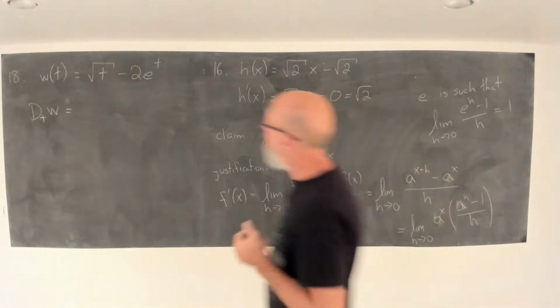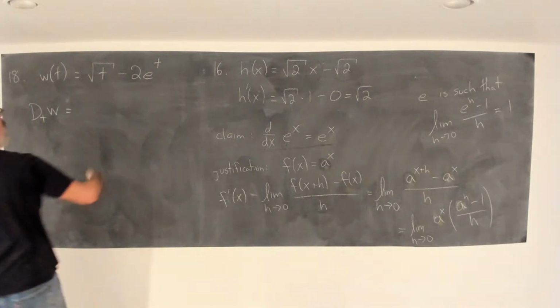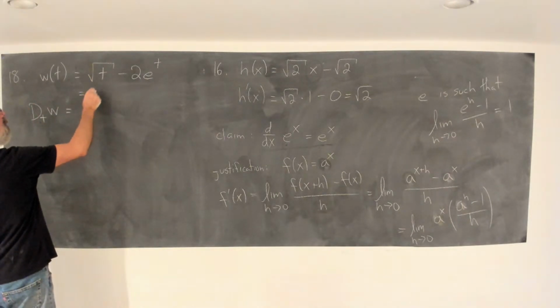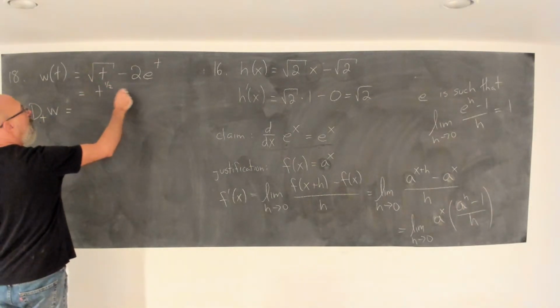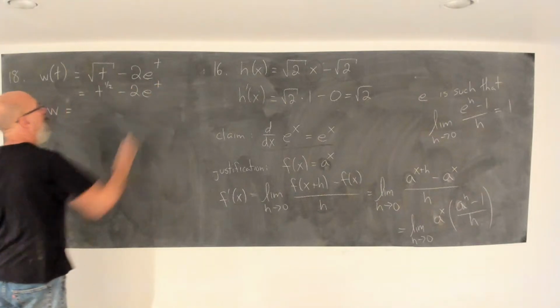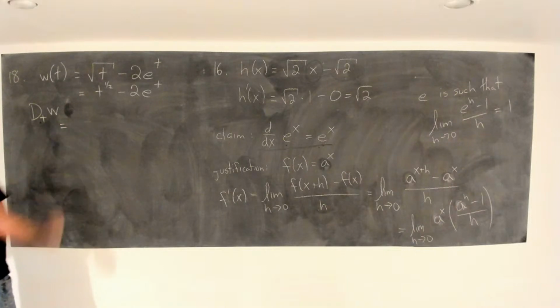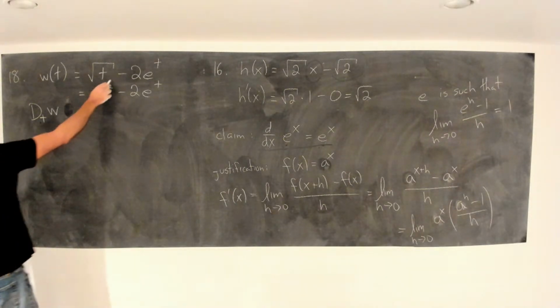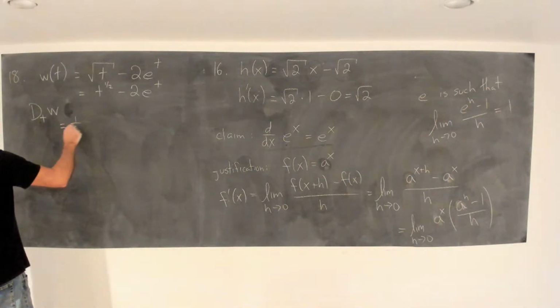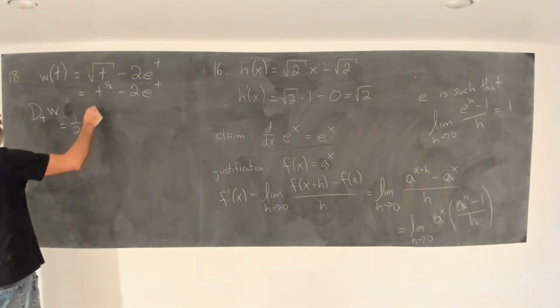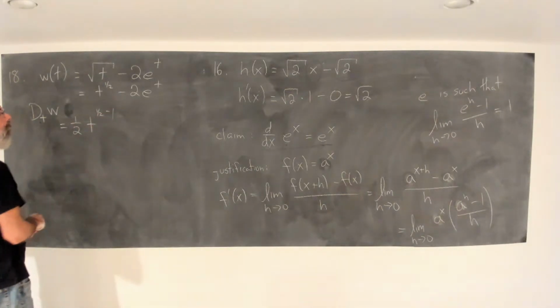What is the derivative? If you want to take a moment to rewrite this, this is t to the 1/2. So for the derivative, you bring the power down and you subtract 1 from the power.